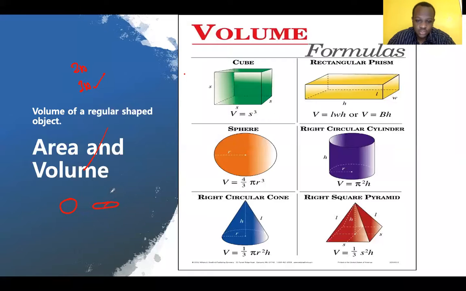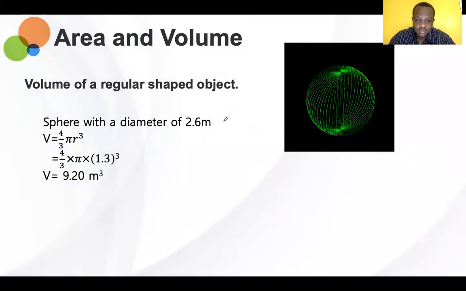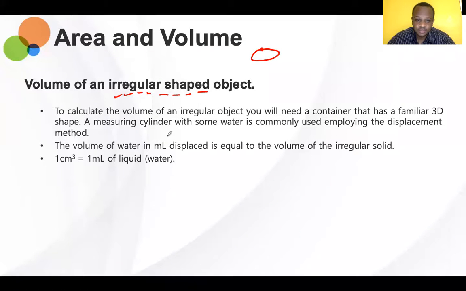There's no formula here that could be used to calculate this, so it's a separate method. In order for us to calculate the volume of an irregular shaped object, we need a container that has a familiar 3D shape, so we can determine the volume of that.